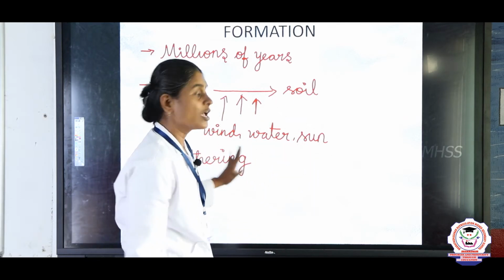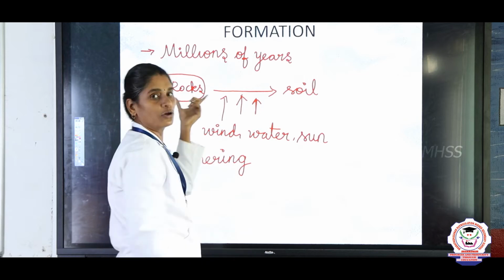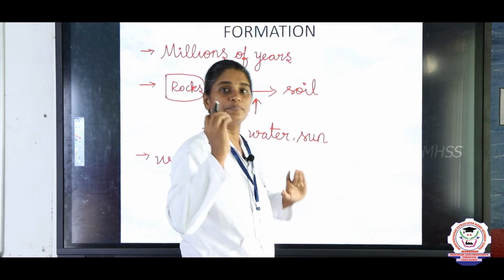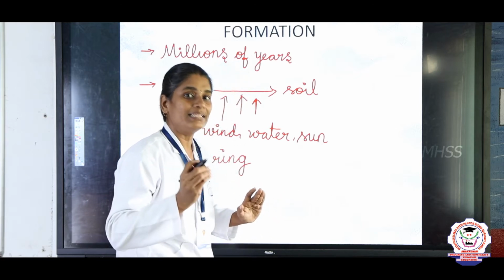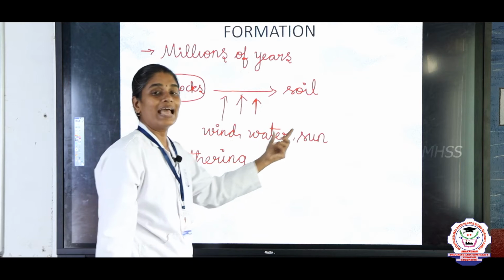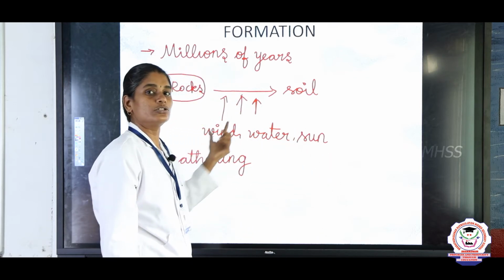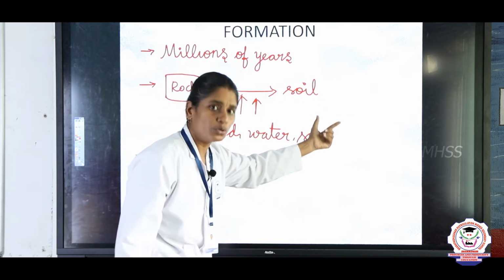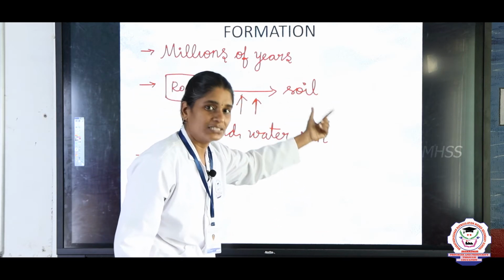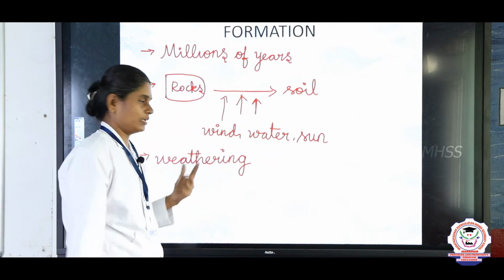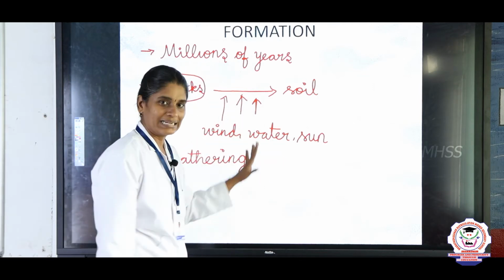Weathering is the breaking down of bigger rocks into smaller particles by the action of wind, water and sun. Because of this action the rocks become powdery substances called soil, right. Are you all clear with this?